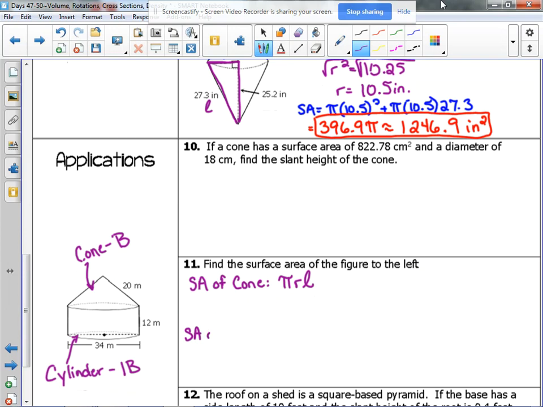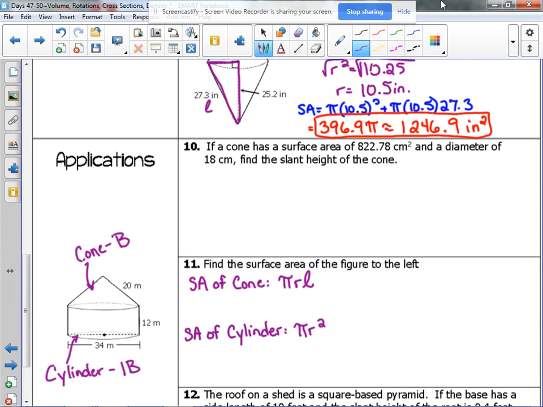Surface area of the cylinder is normally, what, 2 pi r squared plus 2 pi r L. So again, one of our bases is a circle, so we're going to leave off the 2 from our pi r squared.